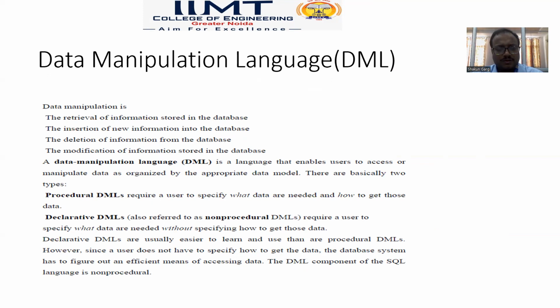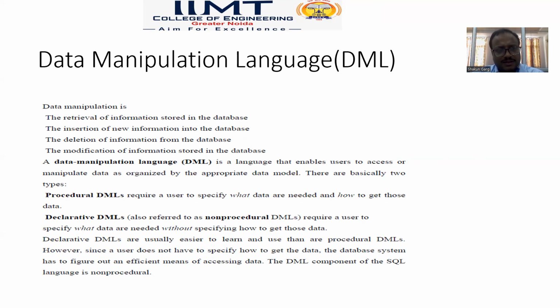It is also part of the database language. Through DML, we can manipulate data that resides in tables. Through DDL, we can update the structure of the database, while with the help of DML, we can update the data inside the database.